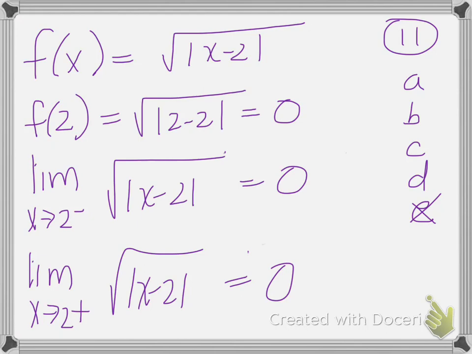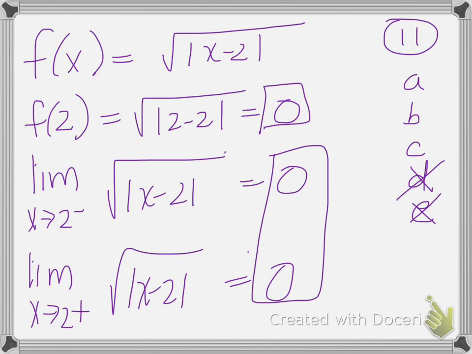So therefore, the limit is 0, so the limit does exist. If you look at choice D, it says the limit does not equal 0. Well, yes, it does, so D is out. Because f of 2 is equal to the limit as x approaches 2, that means it is continuous. So choice C says f is not continuous. But it is continuous, so that's not true. Okay, then for A, it's saying it's continuous but not differentiable, and for B, it's saying that it is differentiable.